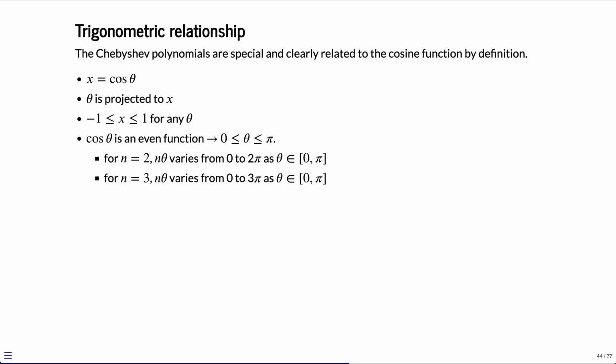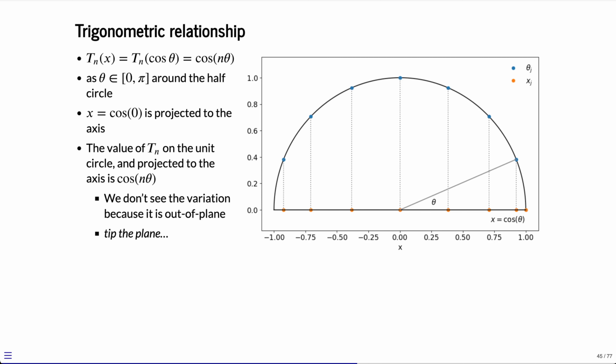From 0 to 3 pi, we get 1.5 cosine waves, etc. And so if we look at the unit circle, then as theta varies from 0 to pi, using subsequent increments, we get this projection onto the x-axis, and we have a clustering of the grid points, with closer clustering near the boundaries and further spacing in the middle.